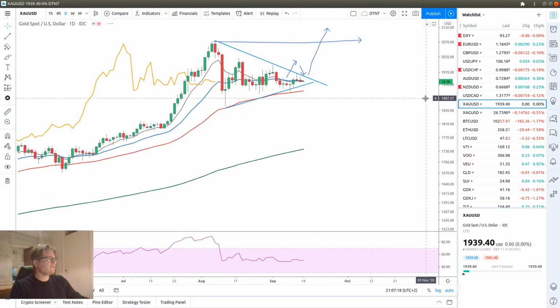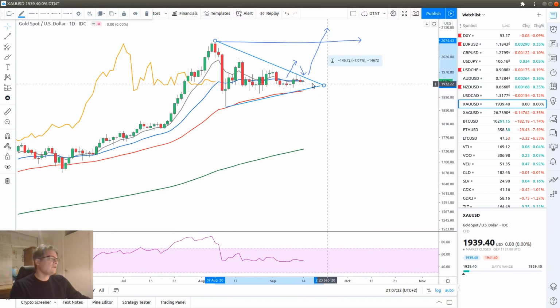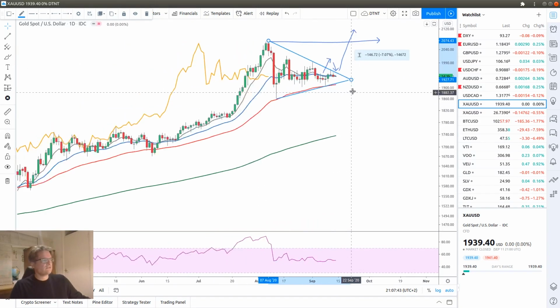So let's see on gold. On gold actually we are already there, so price should be starting to break out very soon now. Yeah, we could also here have a couple more days, maybe 1 week of trading before price has to break this pattern, either to the downside or to the upside.